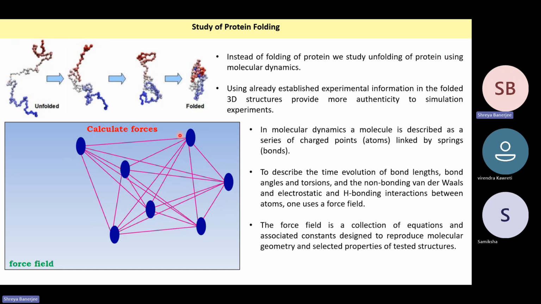So the first thing is to build a model system from the actual system by giving the positional coordinates and the distance between bonds. And then to study the evolution of the coordinates and the bond length and everything with time, a force field has to be specified.